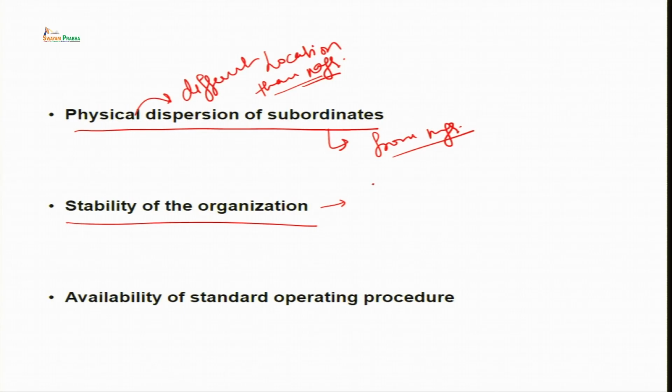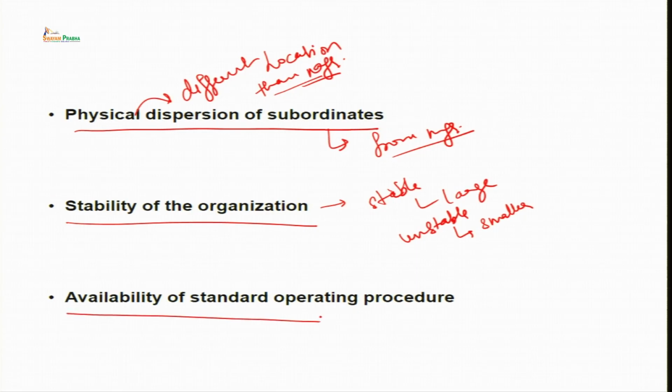Stability of the organization also plays an important role in deciding the span of management. When the organization including its departments remains largely unaffected by the environment, we can say the environment is stable. In that case, we can have a large span of management. For unstable environments, we need to go for a smaller span of management.